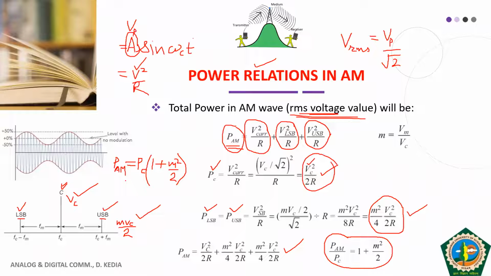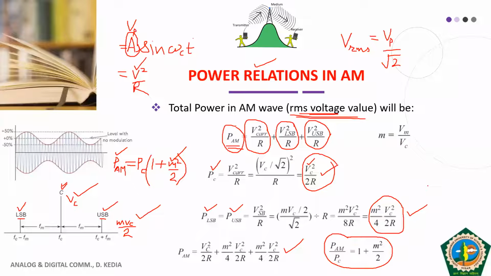So this is the total power of the AM signal, which is equal to PC into 1 plus M square by 2. And you see here that if you increase the value of modulation index, then the total power in AM increases. It means the more the level of modulation, the more is the power required for that AM signal. So I hope all of you have understood the concept of total power in amplitude modulated signal.